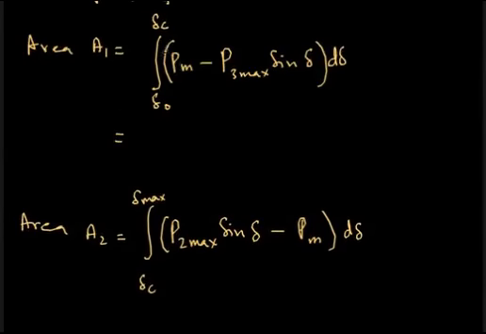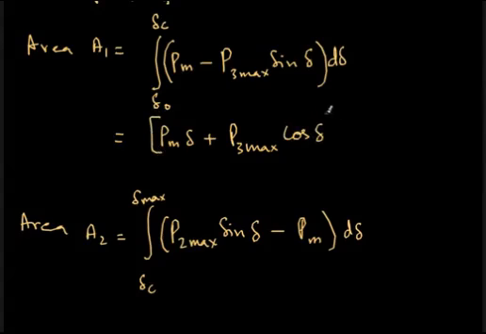Let's expand this. Now integration of Pm into d delta is Pm into delta. So Pm into delta minus, so this minus will become plus P3 max. Why minus is becoming plus is because integration of sine is minus cos. So that minus minus will become plus and this will become cos delta.